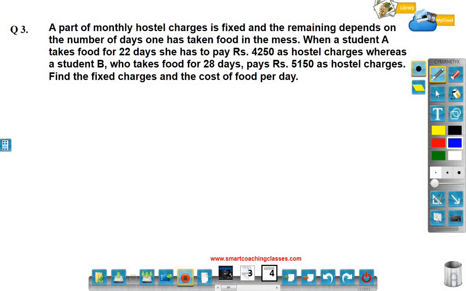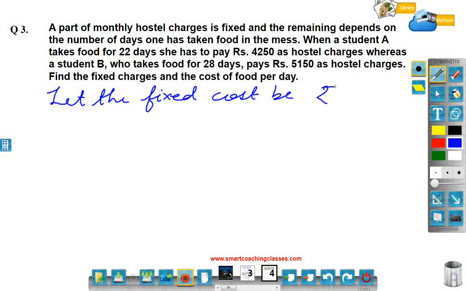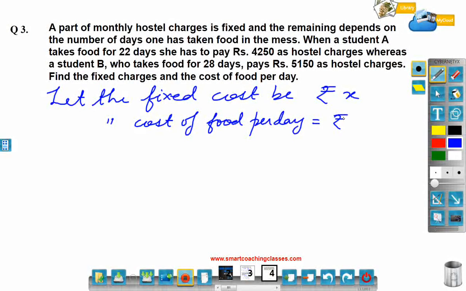Okay, so again, let the fixed cost be rupees X. And similarly, the variable cost, that is the cost of food per day, we say is equals to rupees Y per day.